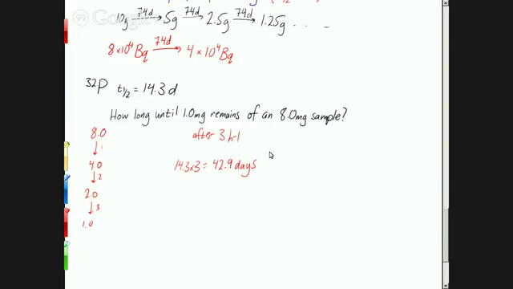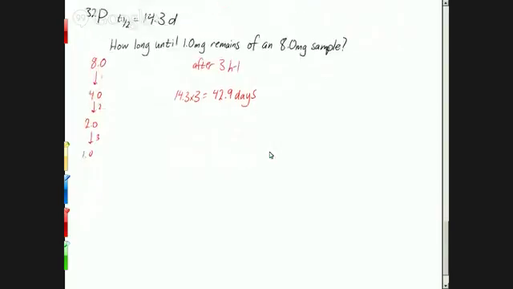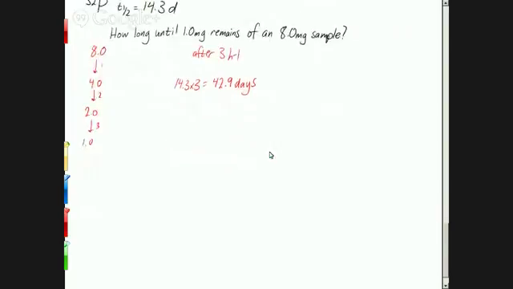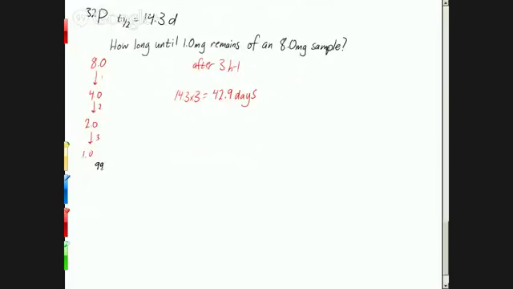All right. Let's look at it another way. This time we're going to talk about that gamma emitter, technetium-99m. This is the most popular isotope in nuclear medicine. It's used for imaging and all kinds of other stuff. So let's say we start with 80 milligrams.